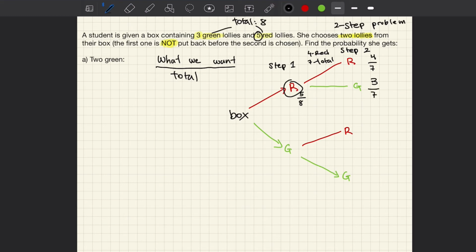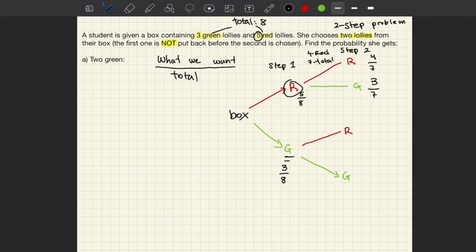Okay, now what about for this second green? This second green, well, first green for this branch. This first green is going to have the probability 3 on 8. Why is this? Because what we want is 3 out of our total is 8. Now, you might be wondering, but we removed some greens here.